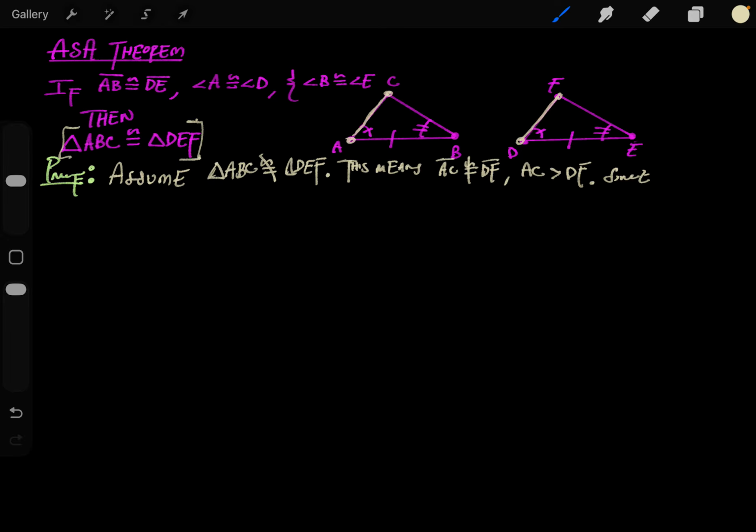Since AC is greater than DF, the distance between A and C, or the length of this line, is greater than the length of this line.